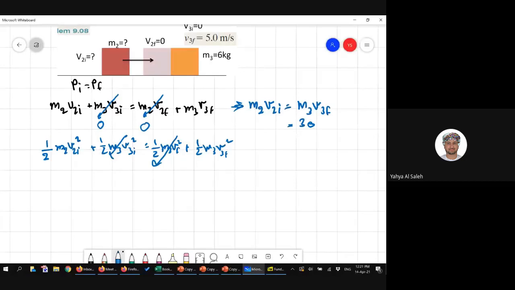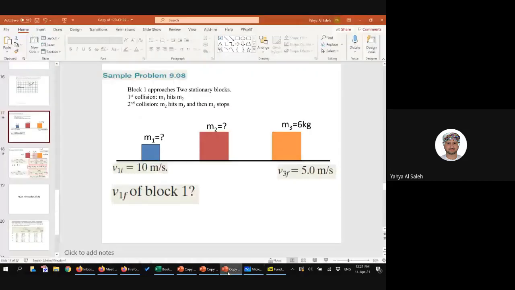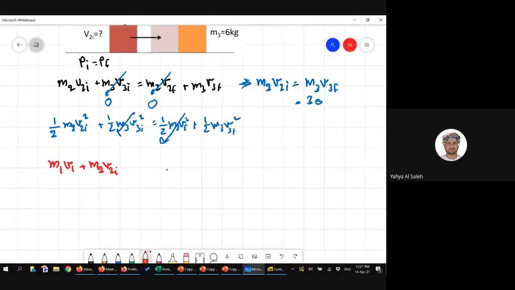Not good enough. We need to find another solution. We can bring it from the first collision. In the first collision, we said m1 hits m2. We know v1I equals 10 meters per second. So in the first collision, we know m1 v1I plus m2 v2I equals m1 v1F plus m2 v2F. v2 initial is 0.